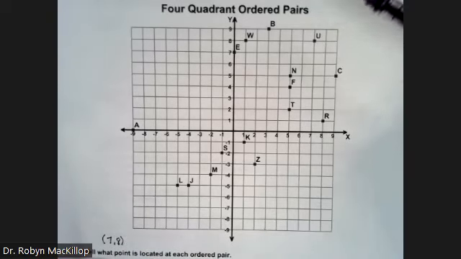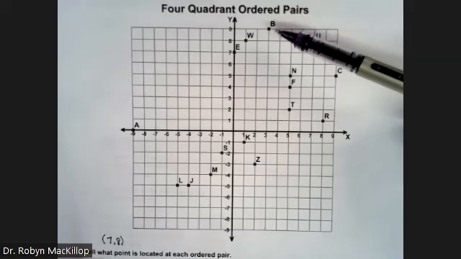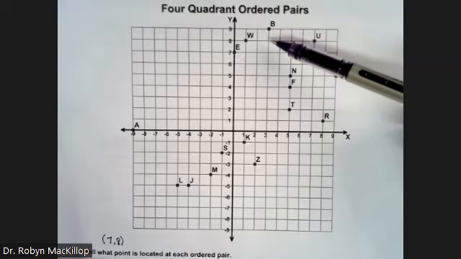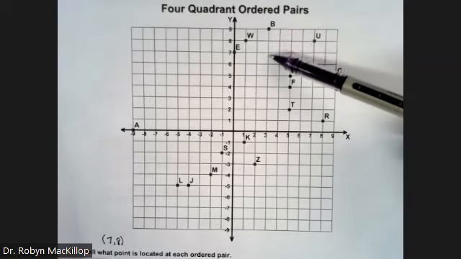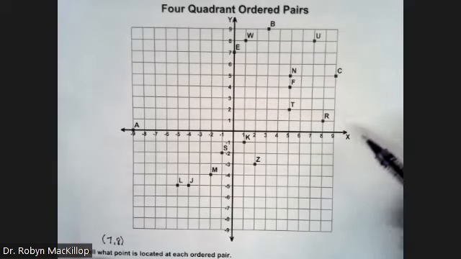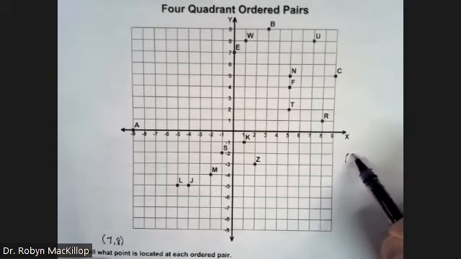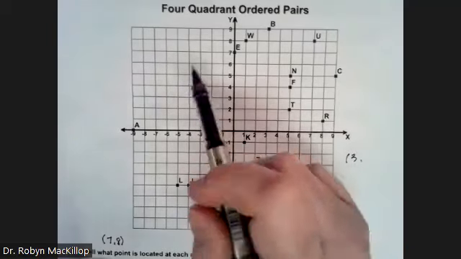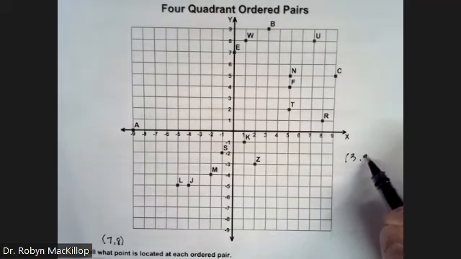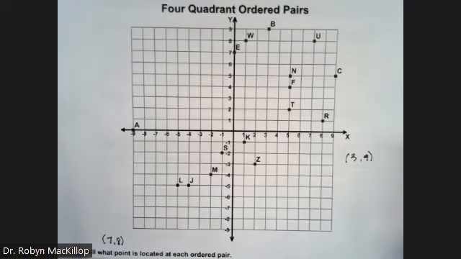So we need to figure out the coordinates or the ordered pair for coordinate B. We're going to start with X. So where does B lie? Oh, but 3 and 9. Perfect. Yep, it's 3 on X and 9 on Y. Yeah, that is your ordered pair for that particular coordinate.